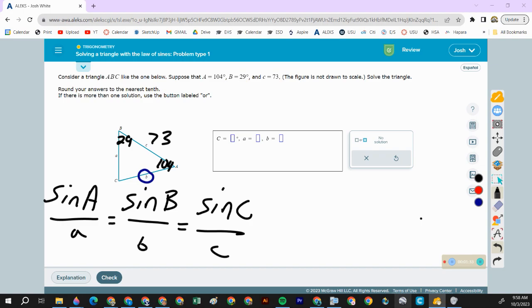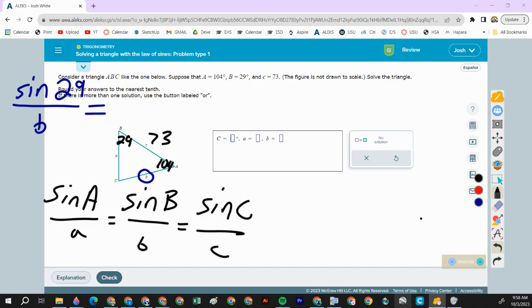Okay. So the sine of angle B, which is 29, divided by side B is equal to, for the rest of it, should I use A or C? Well, I can't use A because I don't know side A. And I can't use C because I don't know angle C. Can I calculate angle C?